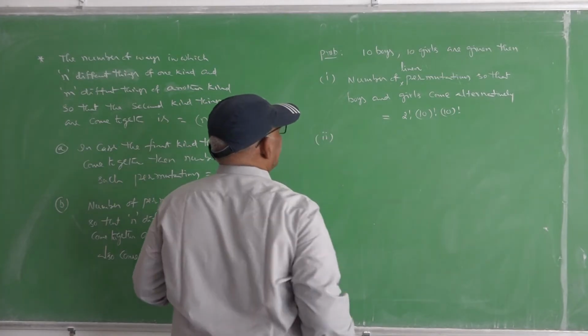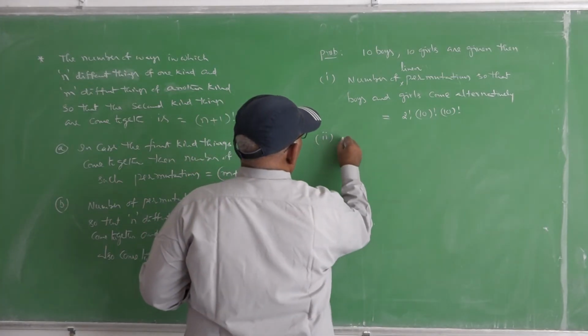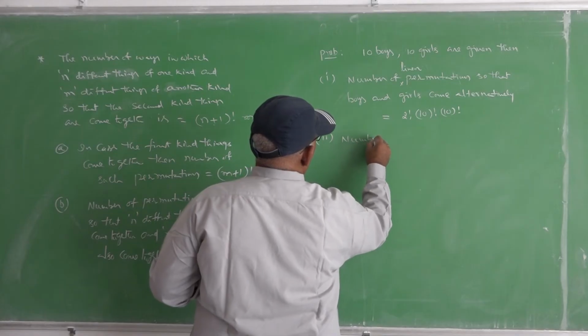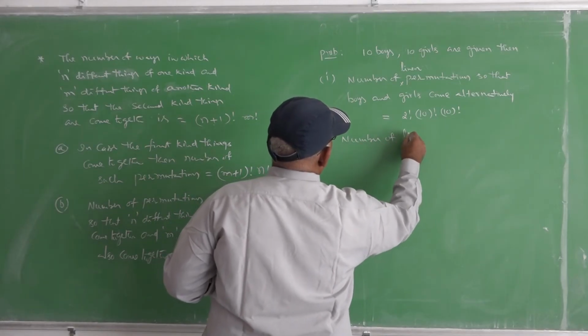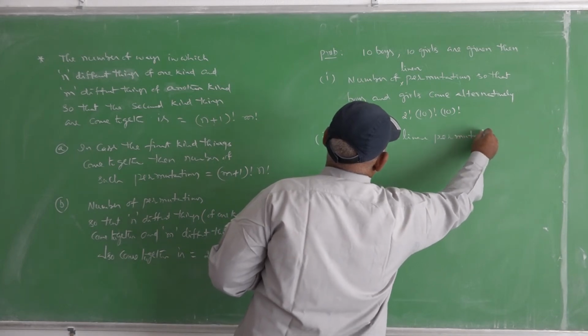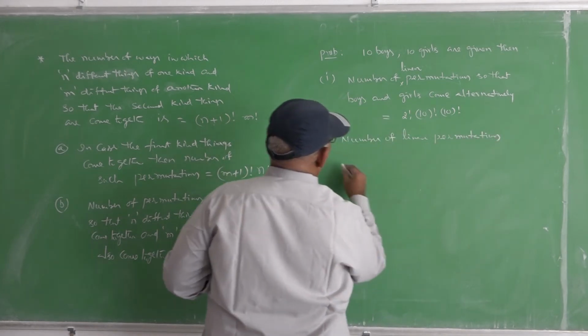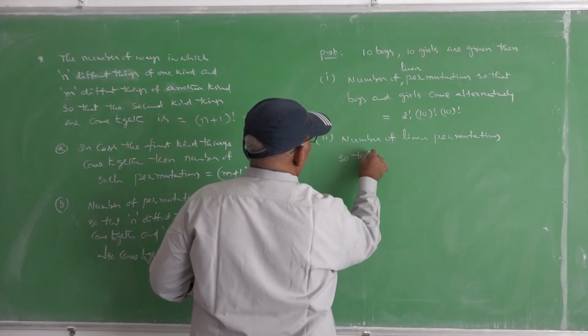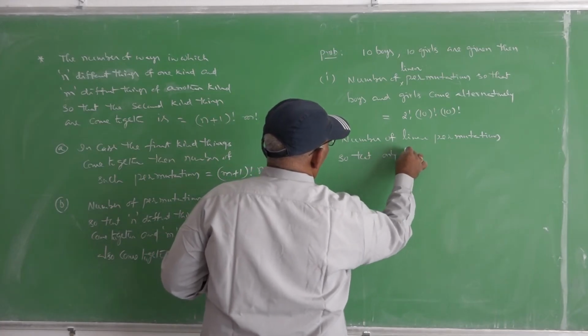Second, the number of permutations, of course linear permutations, so that only boys come together.